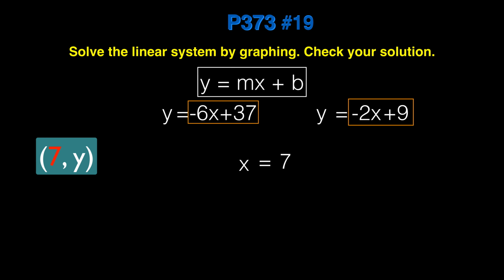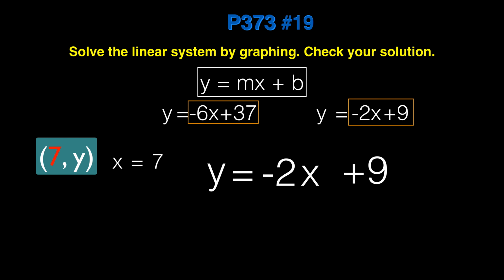So I now have the x coordinate. Now all I have to do is input this value into any one of my equations up there, and that will give me the y. I'm going to choose negative 2x plus 9, because it's a little easier than the negative 6x. Could I use the other?